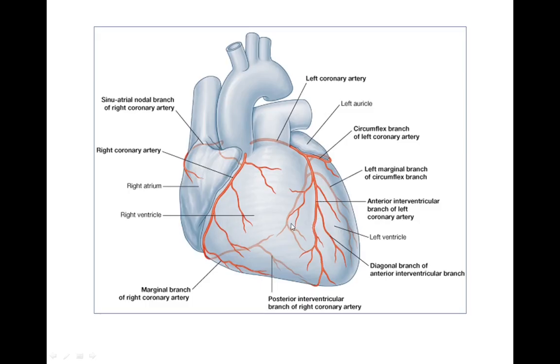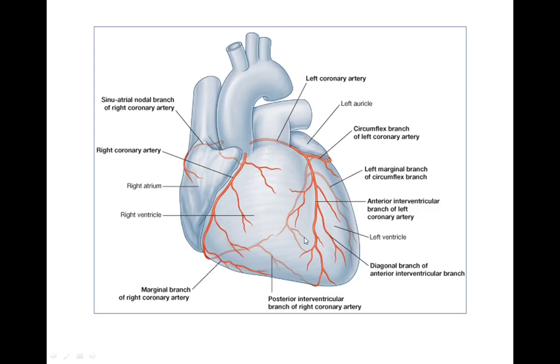See here, this branch will ultimately go to the diaphragmatic surface of the left ventricle. These are prominent on the posterior or inferior surface of the heart. So this is your diaphragmatic branch from the left coronary artery.